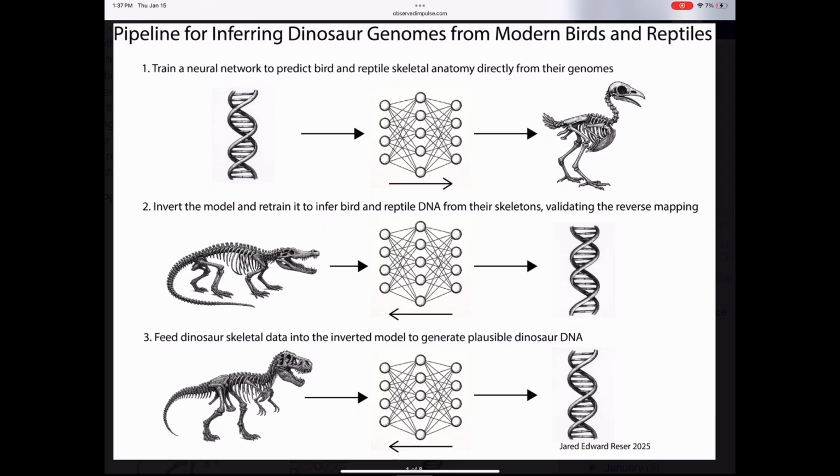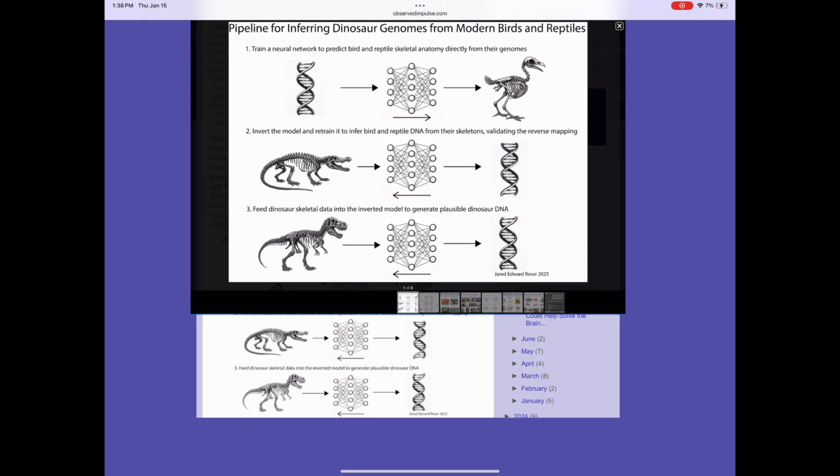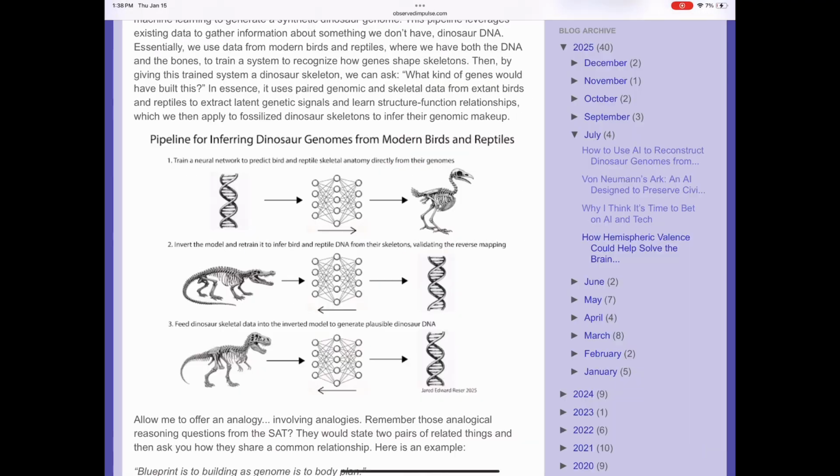A system that's trained like this would be able to compare those patterns to everything else it's seen, in a wide variety of different archosaurs, birds, crocodilians, reptiles, and possibly other animals like amphibians or even mammals you might want to include in the training set.